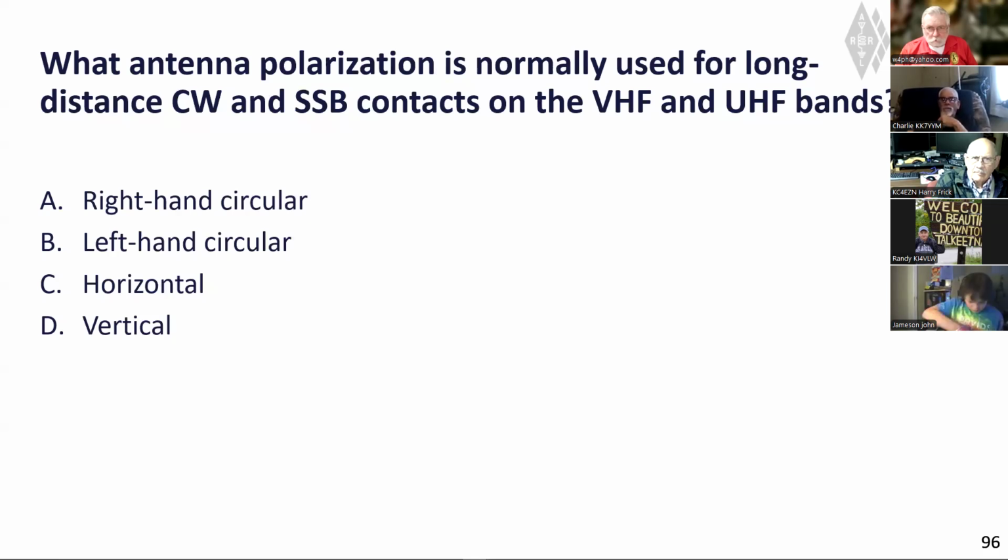What antenna polarization is normally used for long distance CW and sideband contacts on the VHF, UHF bands? And that would be C, horizontal.